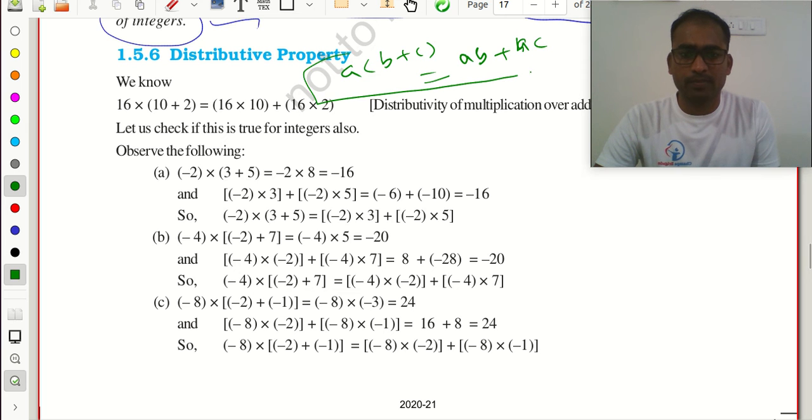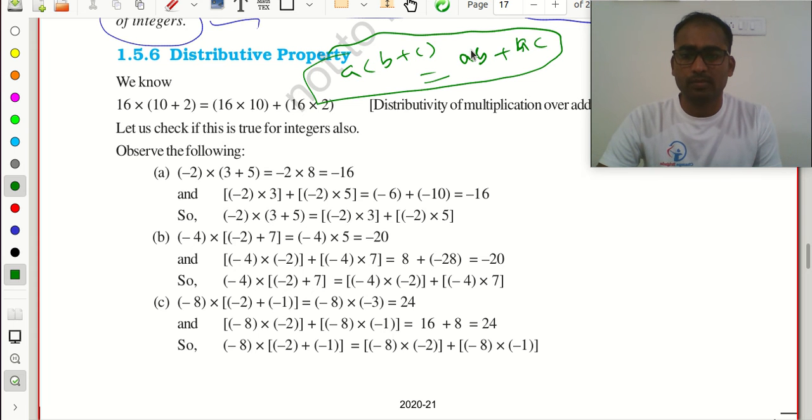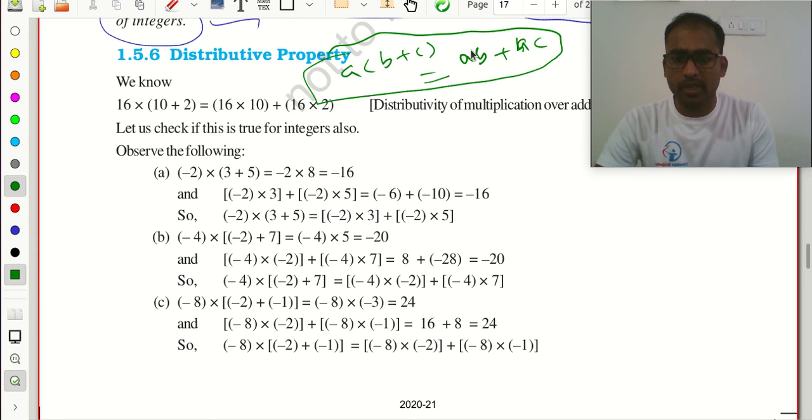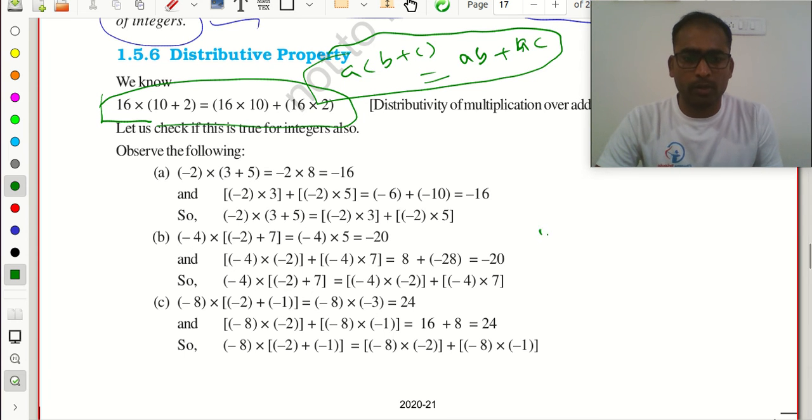This is the distributive property in addition. Same thing we need to do here. Suppose I take a small simple example: 2 multiplied with 3 plus 4. I should get 2 multiplied with 3 plus 2 multiplied with 4.